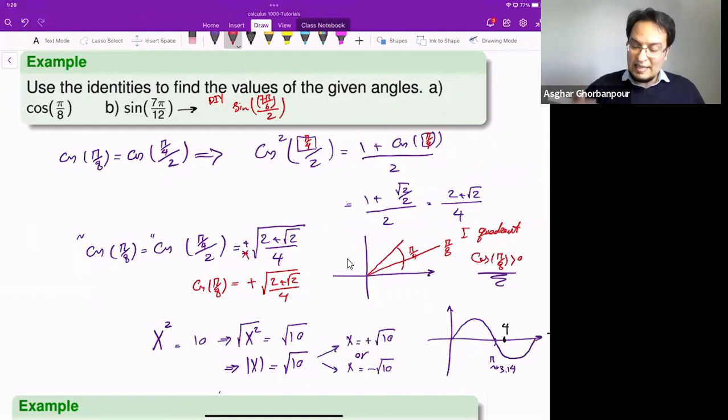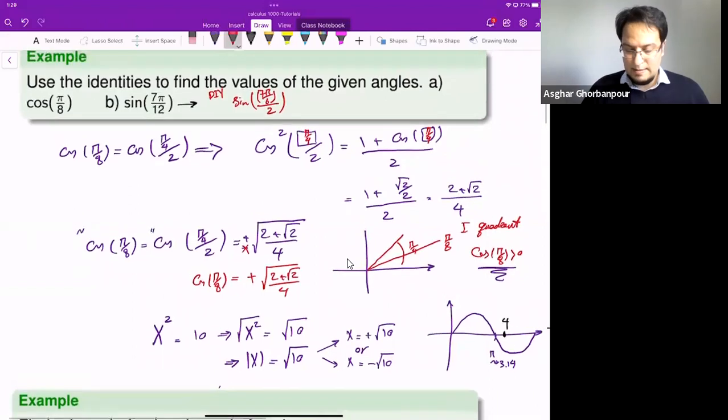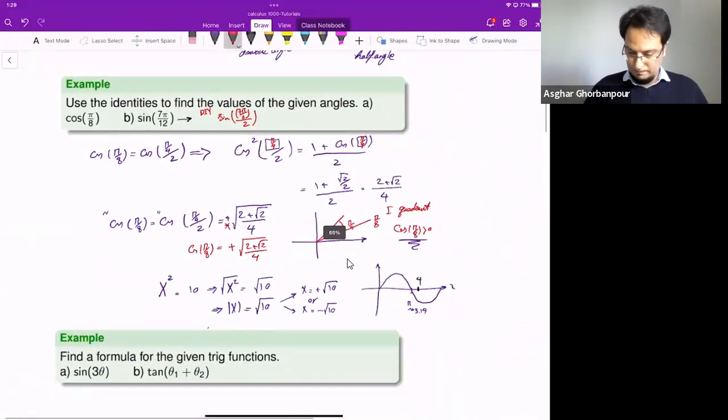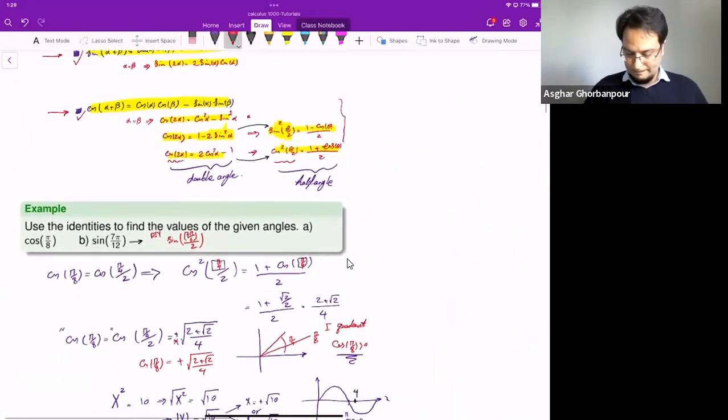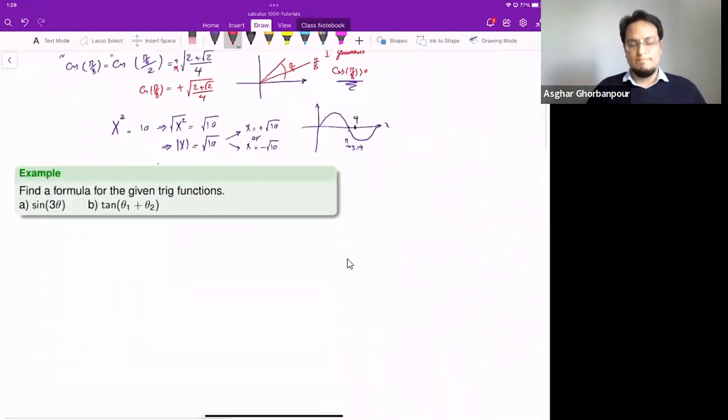And I can find cosine of 7 pi over 6, and then use the half angle formula and get the sine of those ones. Before I go, I'll just write one hint for this guy, and I'll ask you to do these ones as well. Hint.